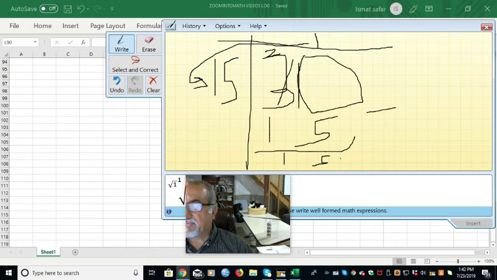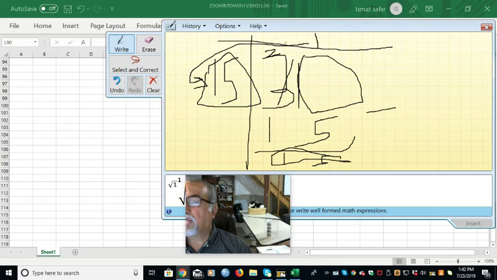Since this 15 is the same value as this 15, there's one more 15 here in 30, so we add one more here.